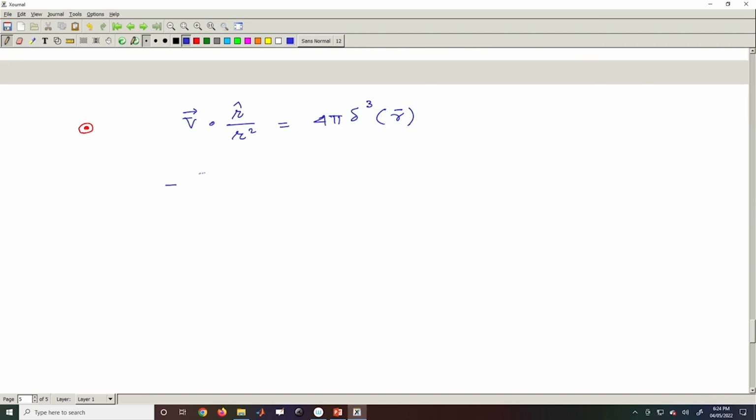Delta cube stands for the 3-dimensional delta function. So minus of j dot this quantity, r unit vector over r square.